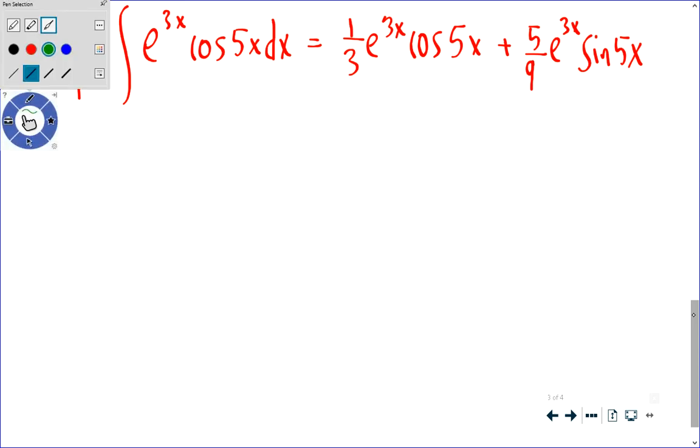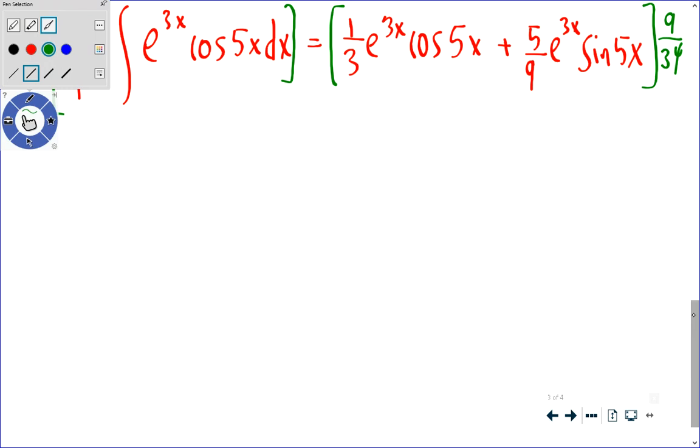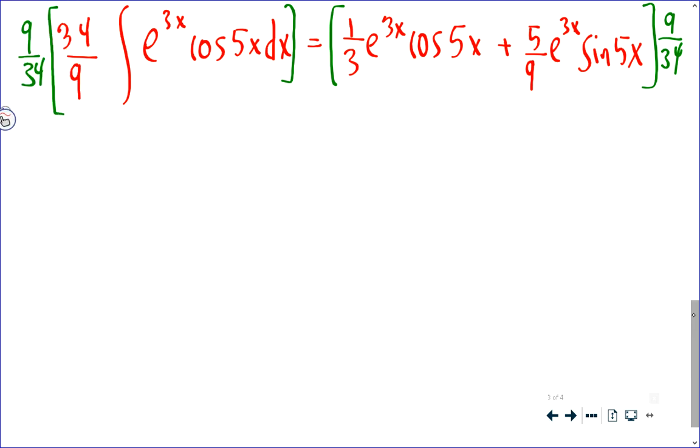To get rid of the 34/9, it's pretty simple. What I'm going to do is multiply both sides of this equation by 9/34. Of course, what that leaves me with on the left-hand side is that integral that I'm after. It's not quite my final answer, but at least I will be almost there.